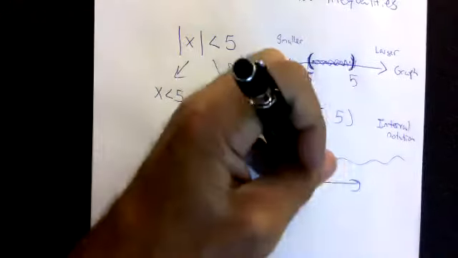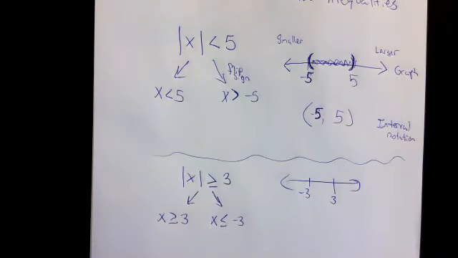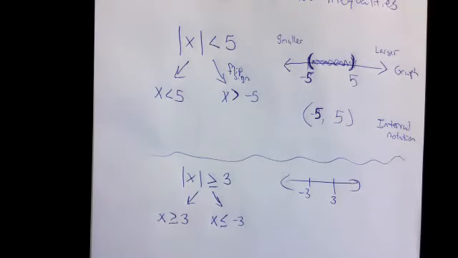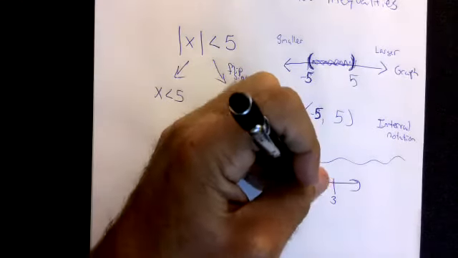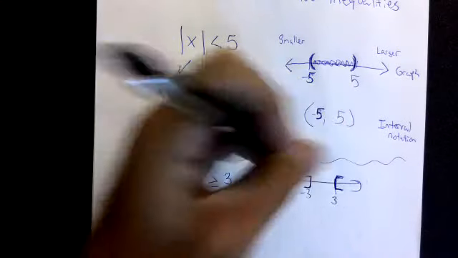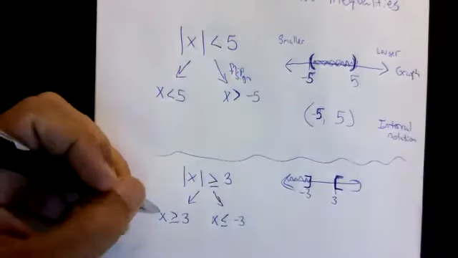Again, on my number line, smaller number to the left, bigger number to the right. In this case, they're included, greater than or equal to, less than or equal to, so we want to use our brackets. Smaller than -3 is this direction.